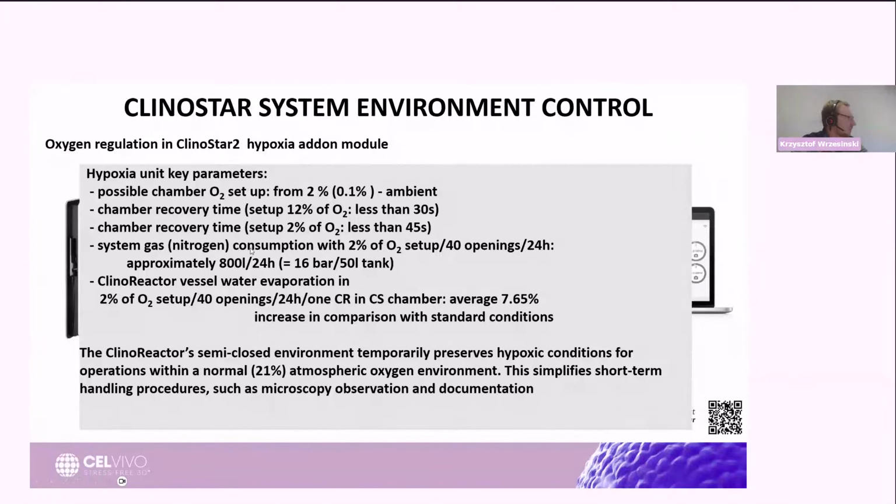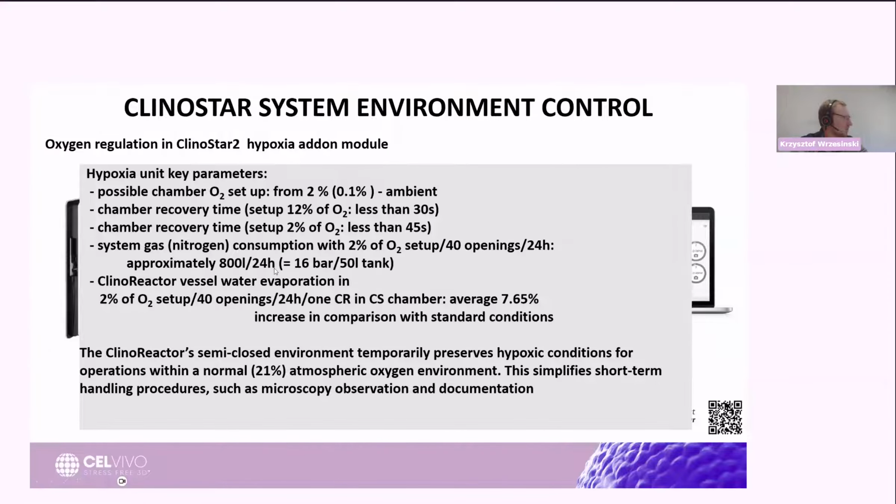So if I take the example of a 2% oxygen setup, and we do 40 openings per 24 hours, you will use around 800 liters of nitrogen to regulate the atmosphere. For some, maybe it's easier to see that this would be around 16 bars on my 50-liter tank. That's for a current user of the ClinoStars and ClinoReactors.